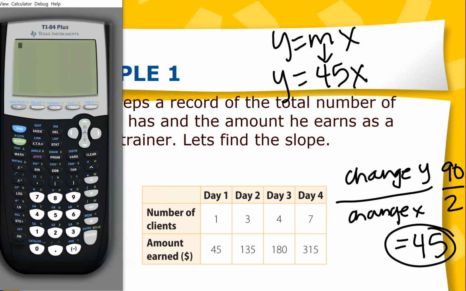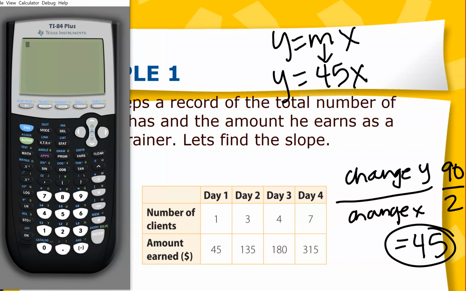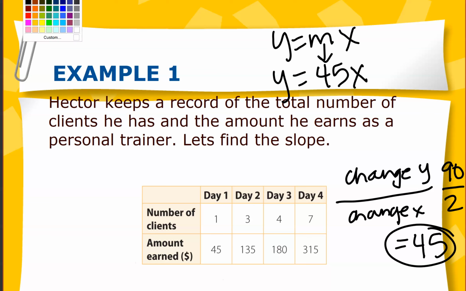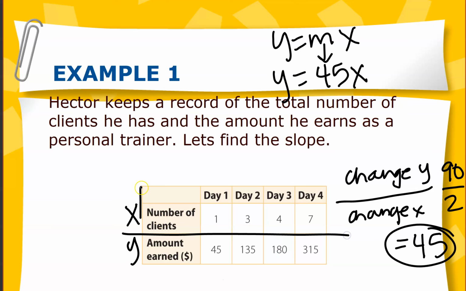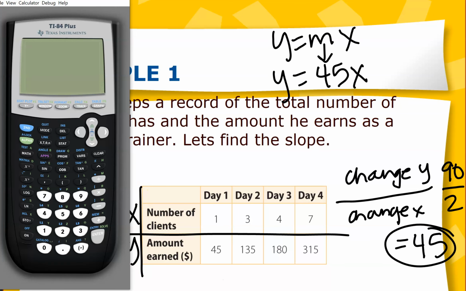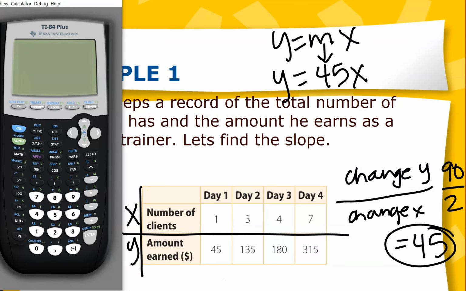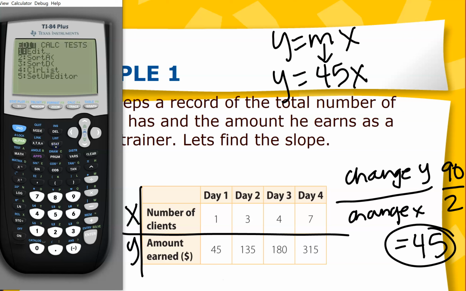I am going to first label my x and my y. On the calculator, you go ahead and go to Stat, Edit, Enter. I have the information in there, so I'm going to delete.